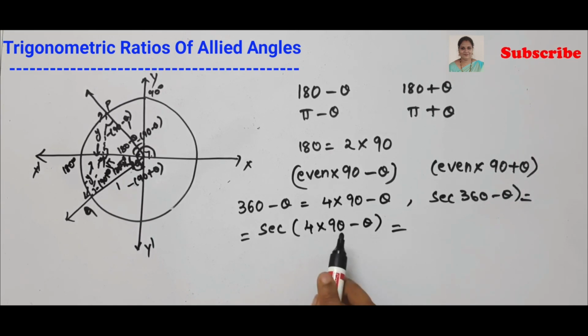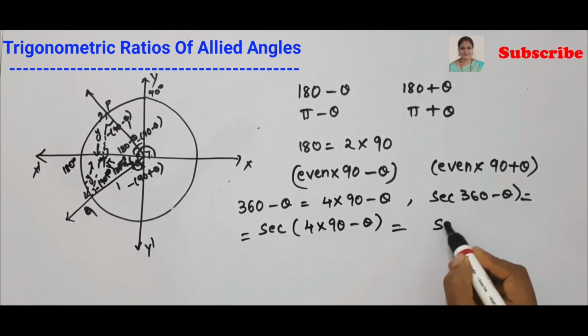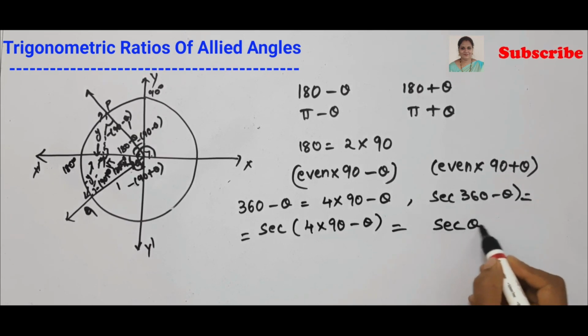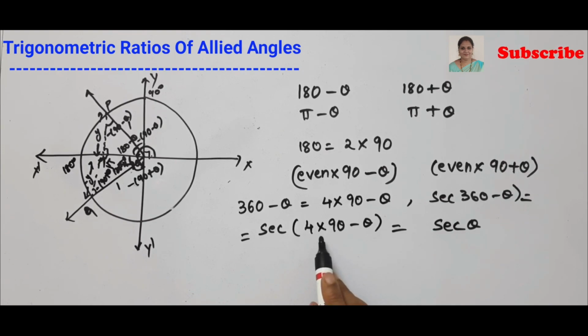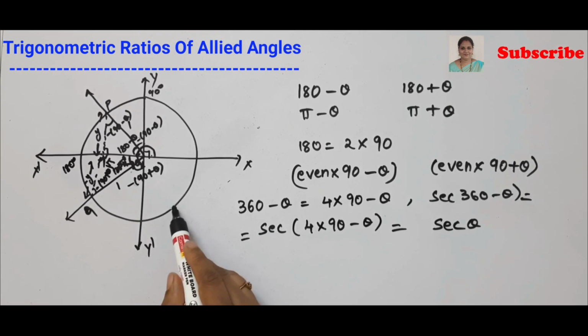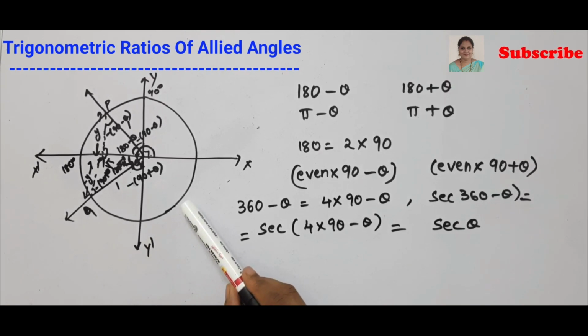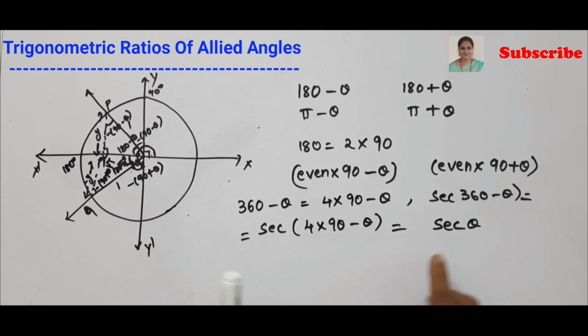So there will be no change in the trigonometric ratios. So we have to write secant theta only. Next we have to observe in which quadrant this angle will be. 360 minus theta means it will be in the fourth quadrant, is it not? Here cos and secant will be positive. So this value will be positive.